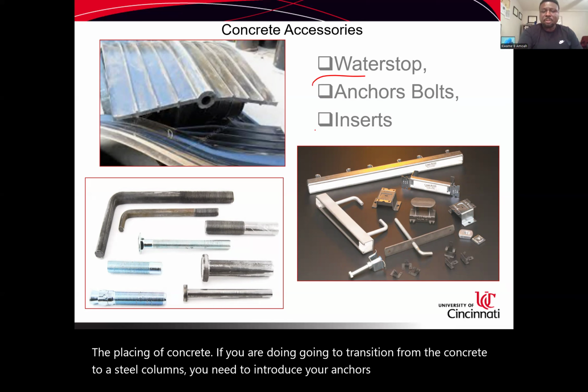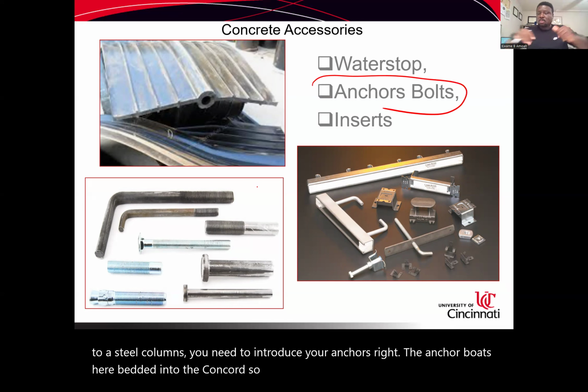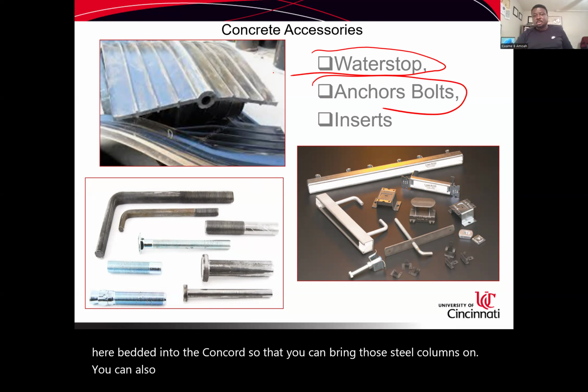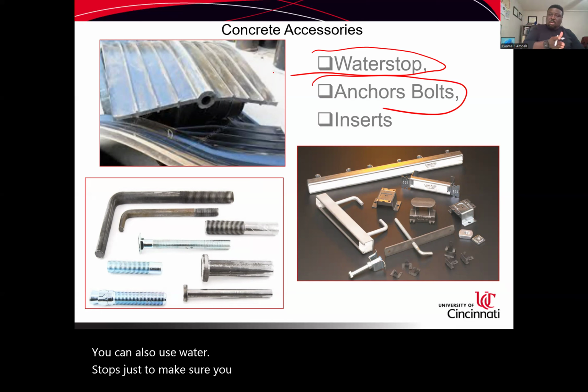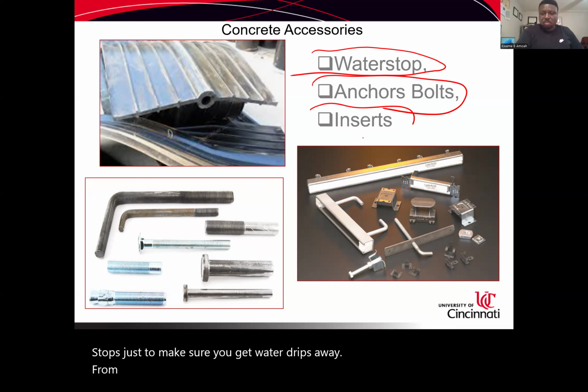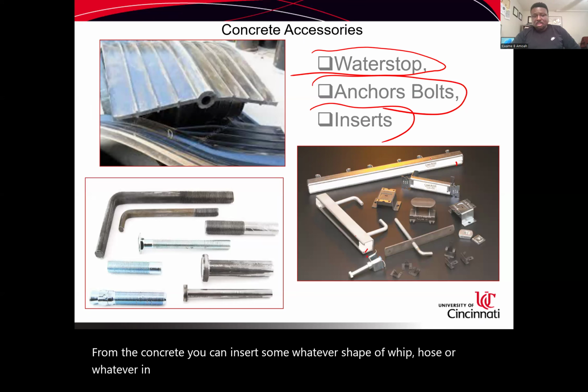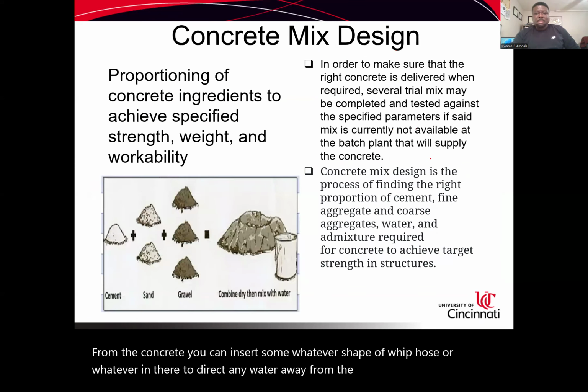The anchor bolts here are bedded into the concrete so that you can bring those steel columns on. You can also use water stops just to make sure you get water dripping away from the concrete. You can insert some whatever shape of flashing or whatever in there to direct any water away from the concrete.